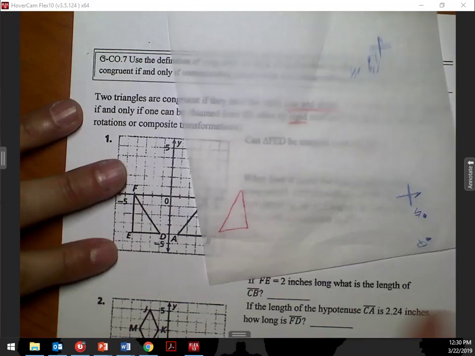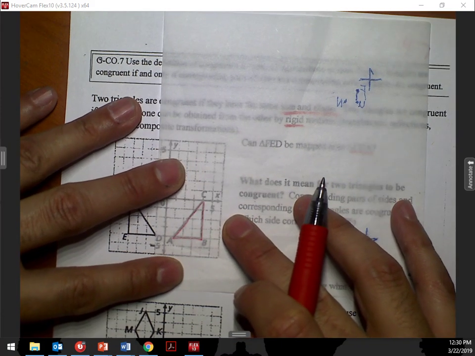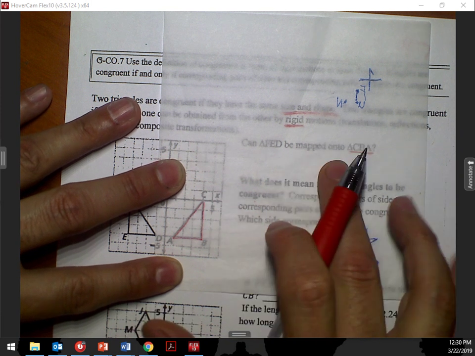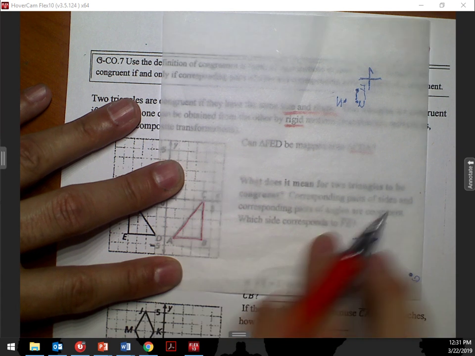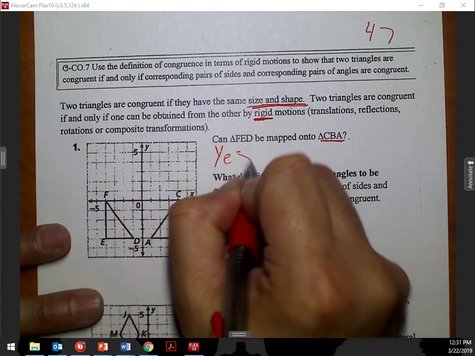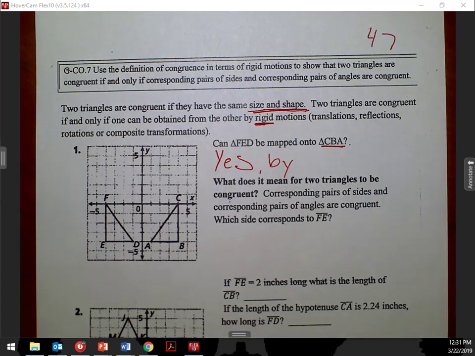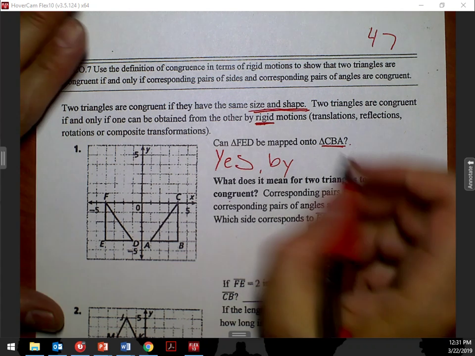It's going to be a flip. Now match it up. When you match it up like this, yes, this can be mapped. So yes, I mapped one onto the other. How was I able to put one on top of the other? Reflection, thank you.